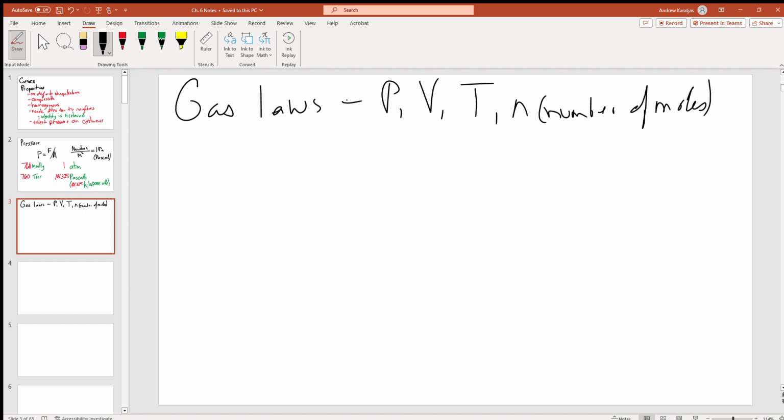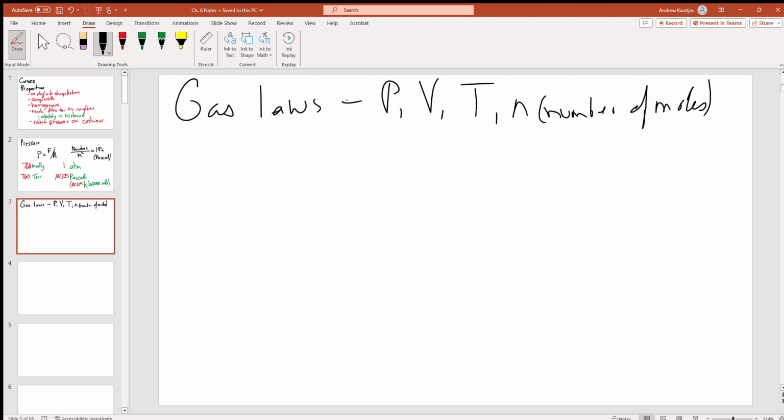We work up to a combined gas law, which looks at pressure, volume, and temperature. And then eventually we get to the ideal gas law that is going to include all four of these terms. Now, depending on how strong your math skills are, you can typically use the ideal gas law and/or the combined gas law to derive the rest of the equations. But we will go through each of them.